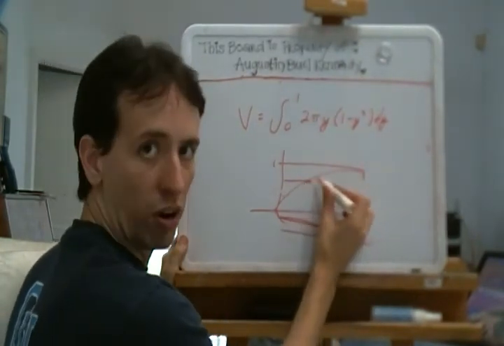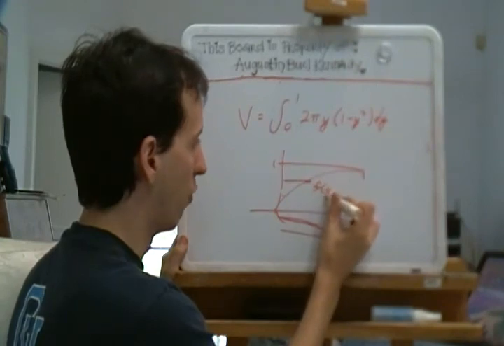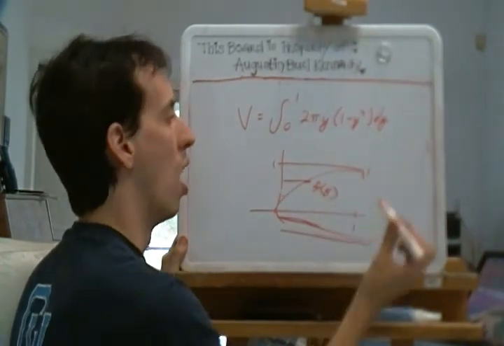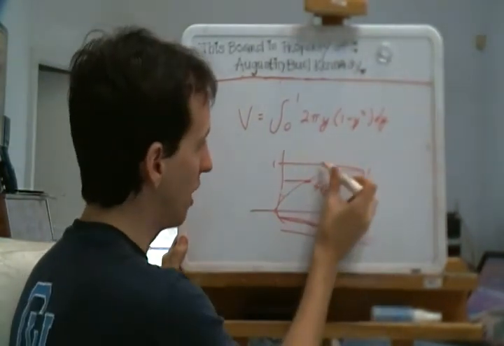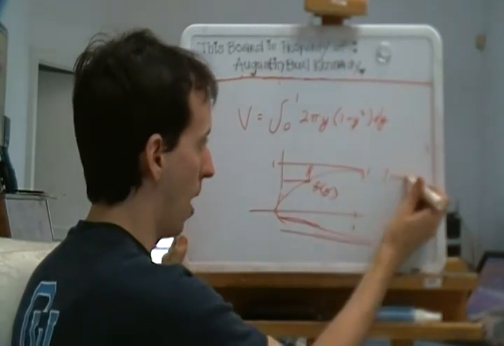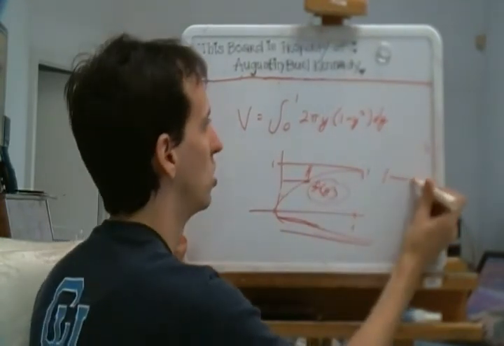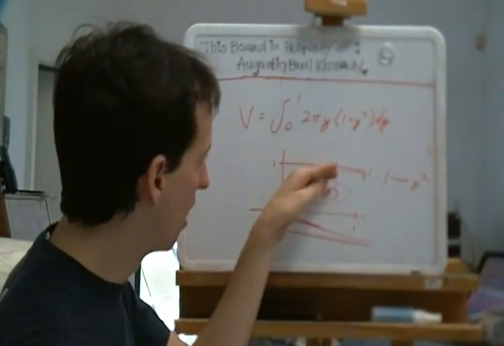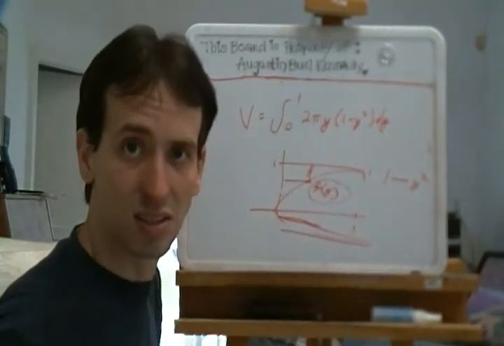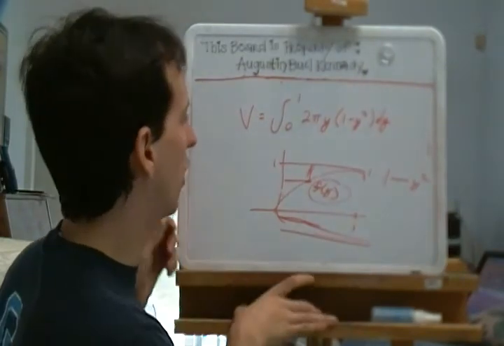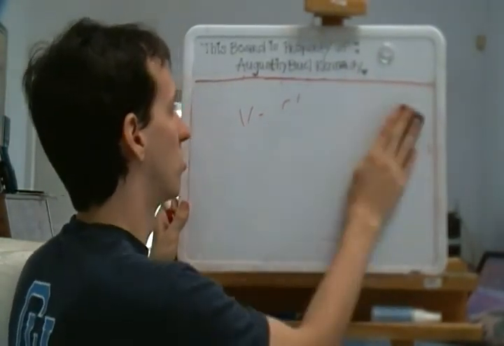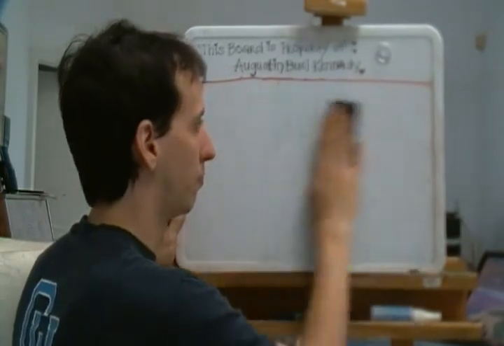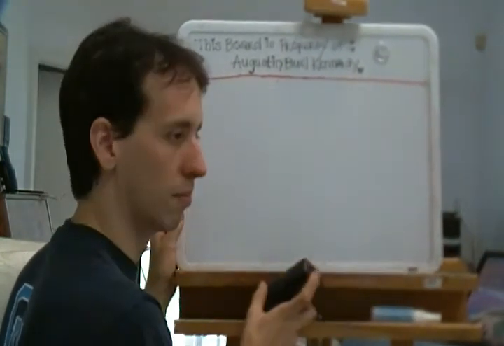Here's where the first part intersects, right at f of y, and here's 1. So this space in here is 1 minus that, which is y squared. I hope you understand that that's what the shell thickness is. So that's the idea of volumes by cylindrical shells. It's not that hard, and it can be useful.